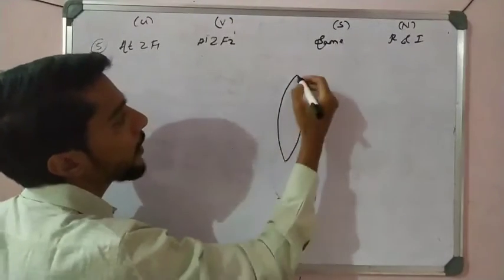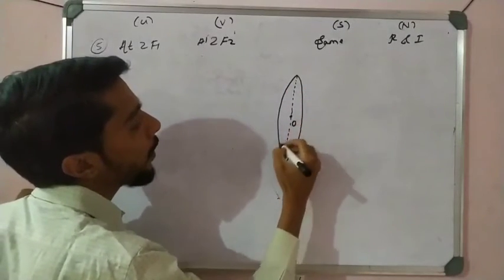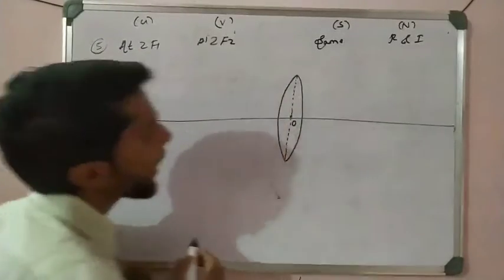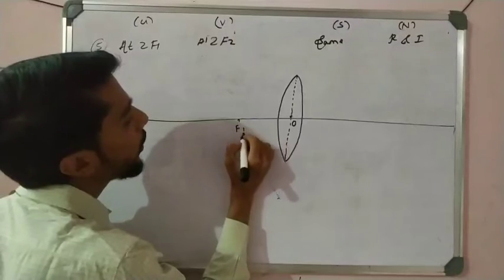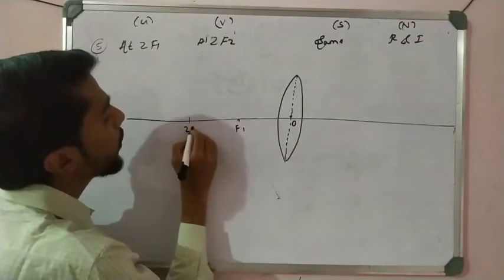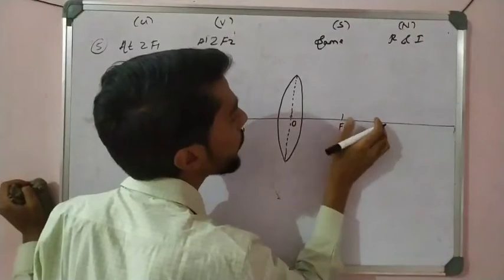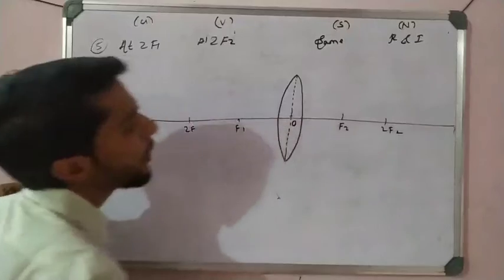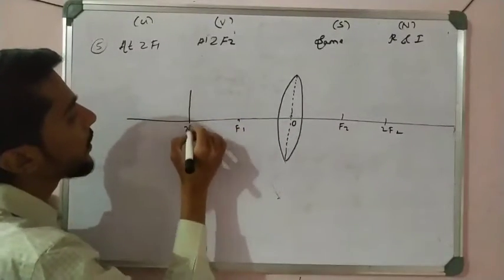Now take here. This is the convex lens. It is the aperture, optical center, and now it is the principal axis, right? Now it is taken as F1. It is 2F1, F2. It is 2F2, right? Now let us see at exact 2F1.